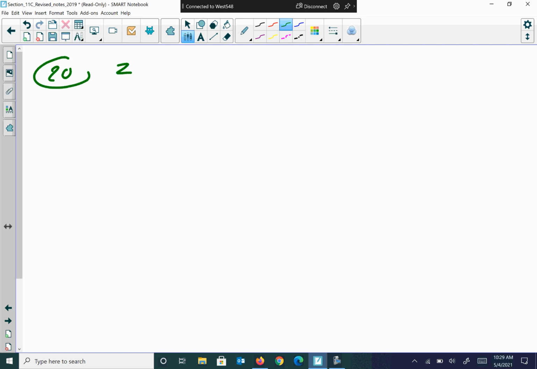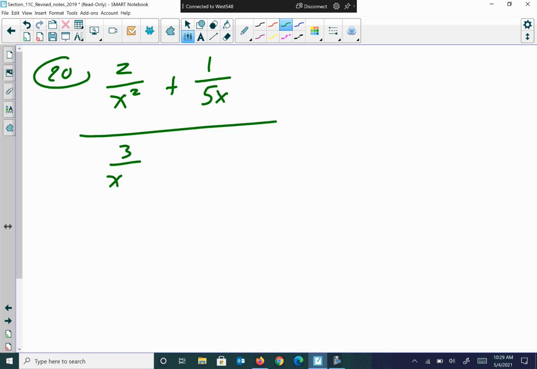Number 20 looks like this: 2 over x squared plus 1 over 5x, all over 3x minus 1 minus 5 over x squared minus 1.